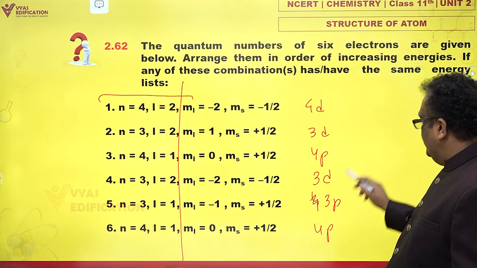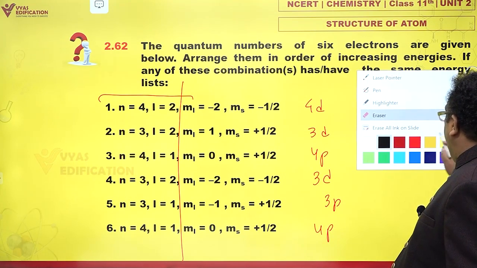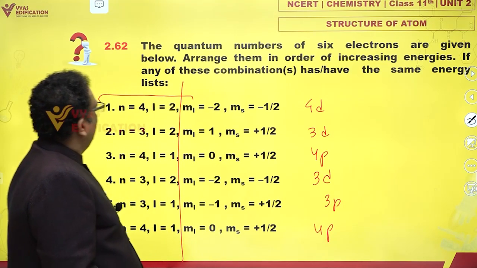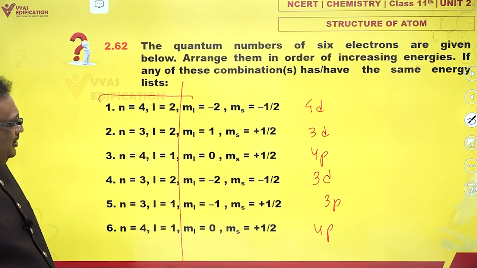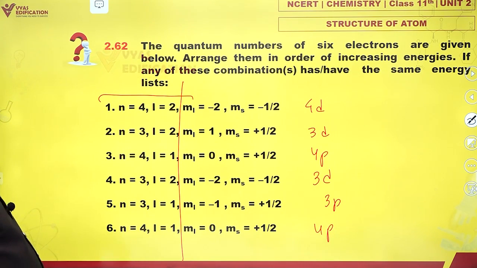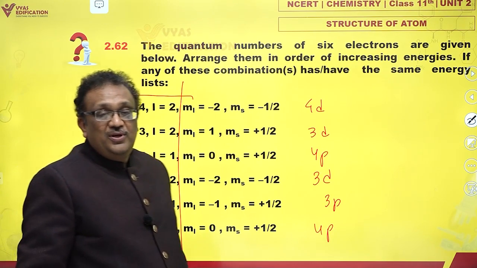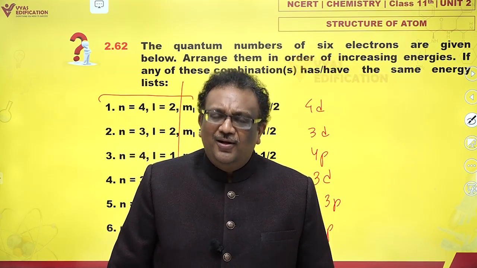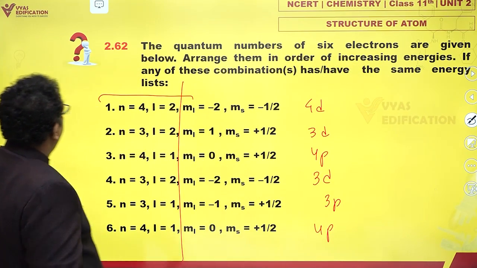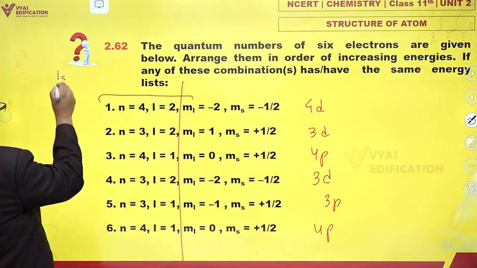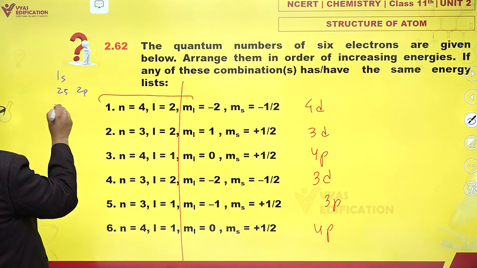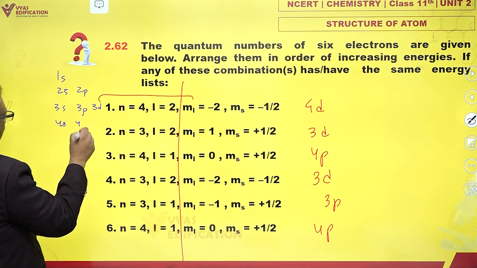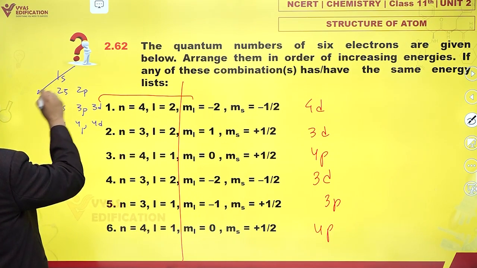Now I have to discover the order of their energies. Can I arrange them? I could actually. You remember our Aufbau principle? 1s2, 2s2, 2p6, 3s2, 3p6, 4s2, 3d10. In that order it used to go, if you remember. I could just draw this for you: 1s, 2s, 2p, 3s, 3p, 3d, 4s, 4p, 4d.